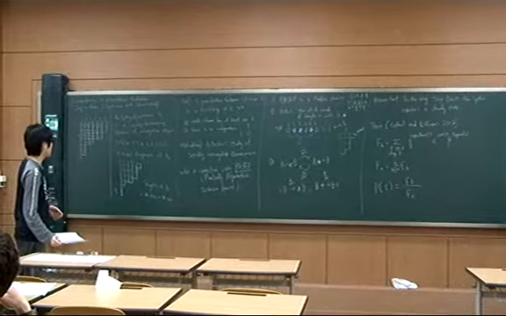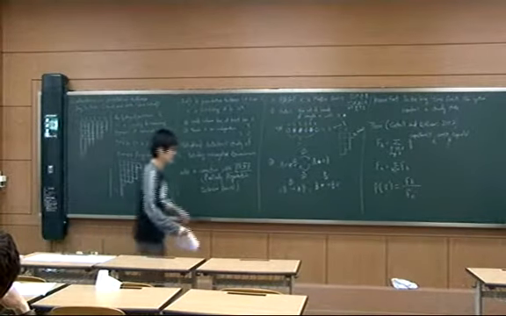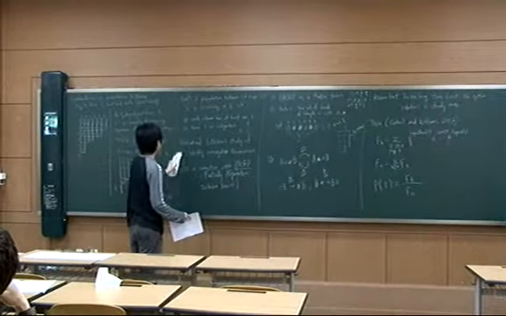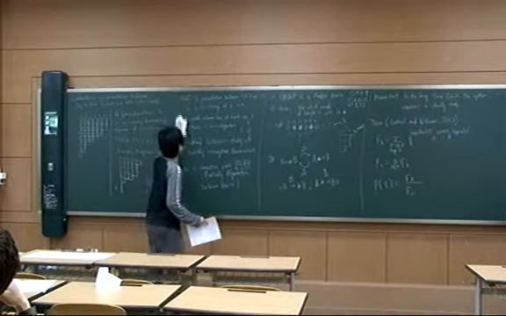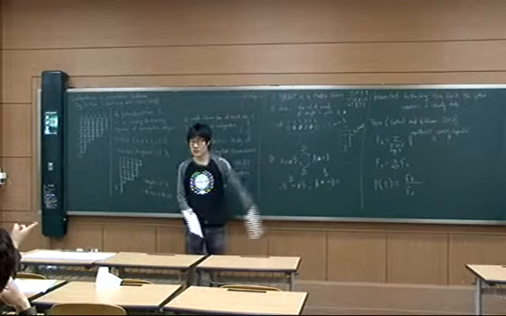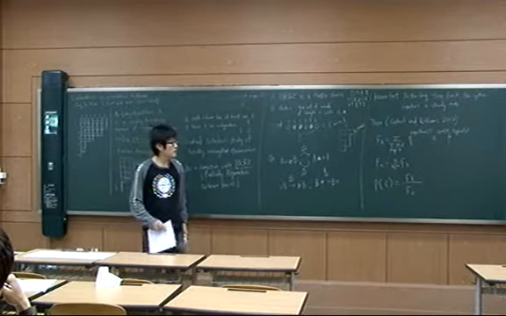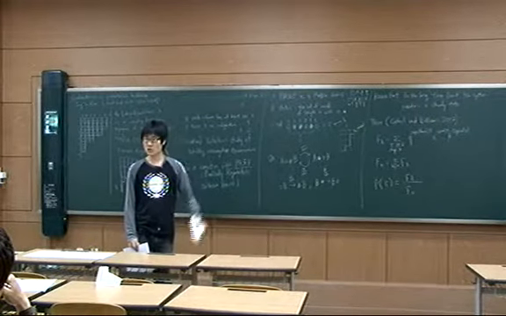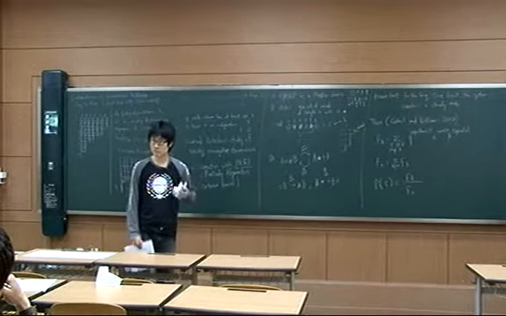But if all alpha, beta, q are 1, then it's counting. It's just the number of permutation tableau of shape lambda divided by n factorial.